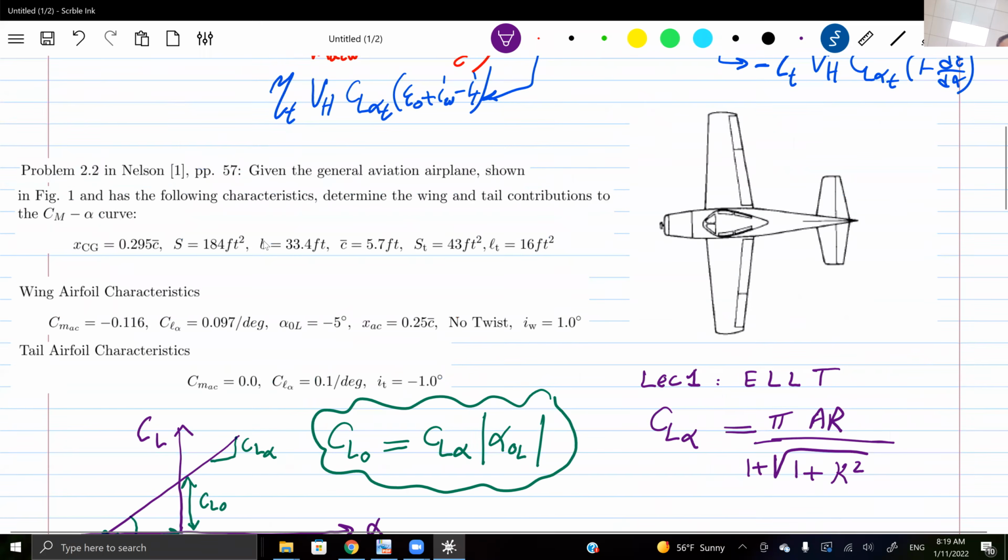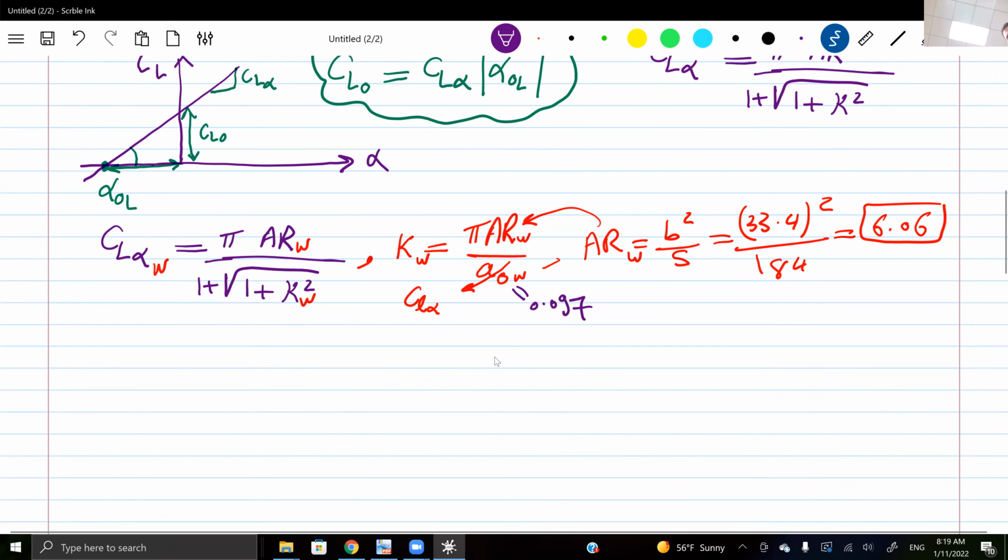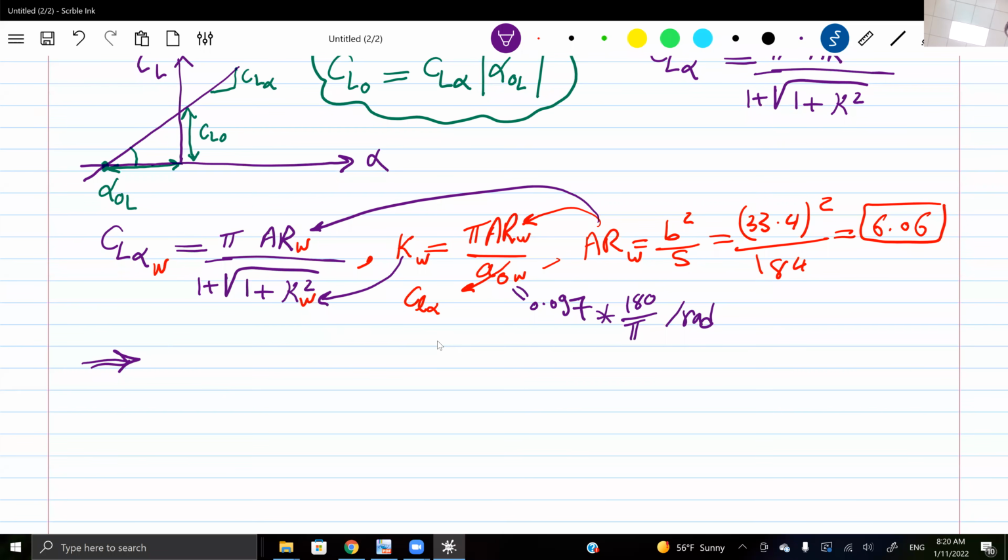This is why CL alpha here is given as 1 over degree. So I'm gonna multiply it by 180 over pi to convert it to per radians. From this, I'm gonna get my kappa wing. I put it here and I put aspect ratio there. So it gives me immediately the CL alpha wing, three-dimensional. And this is 4.2 per radians. Any question about that?